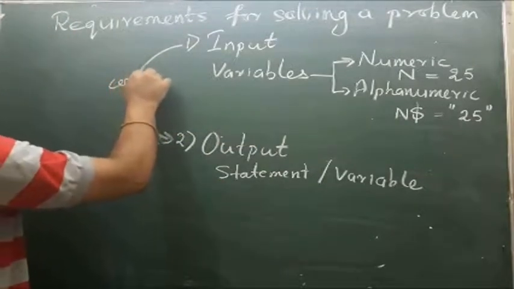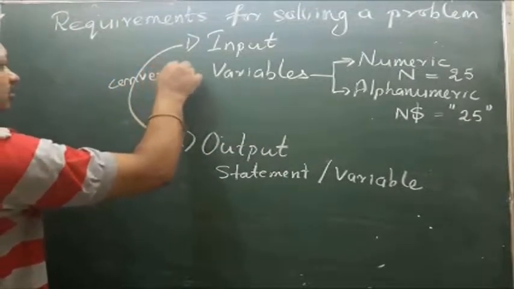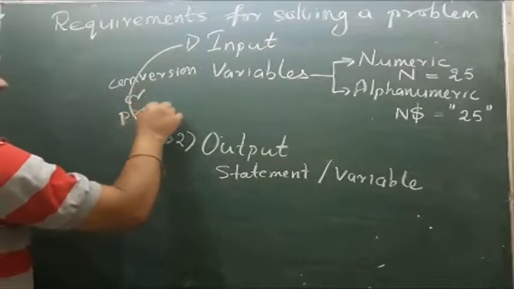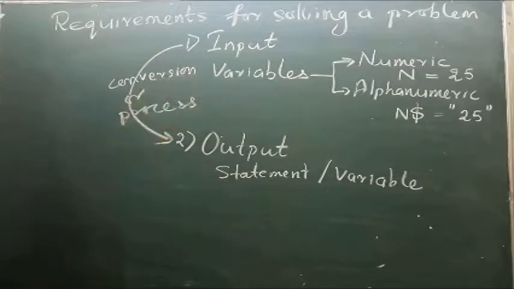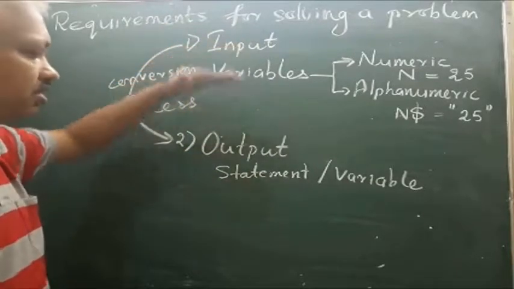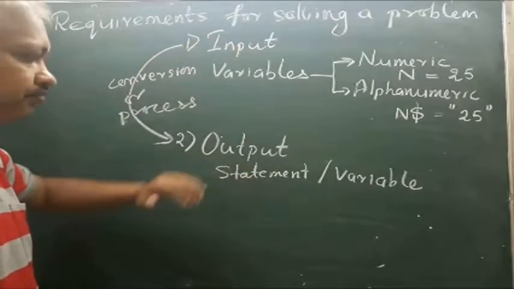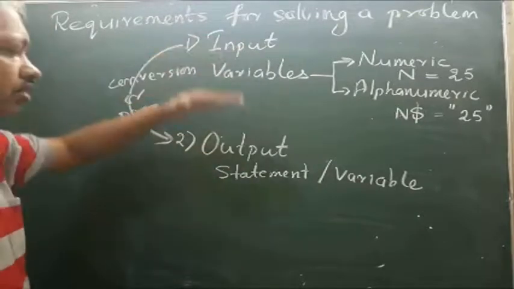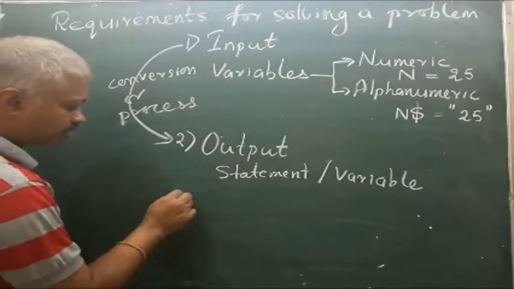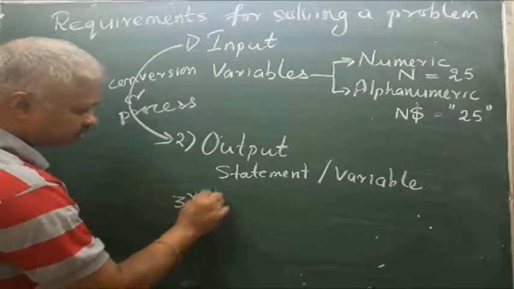So I will write here conversion, or the process. There will be a process by which we are going to convert the input to output. So the third requirement is the processing logic.